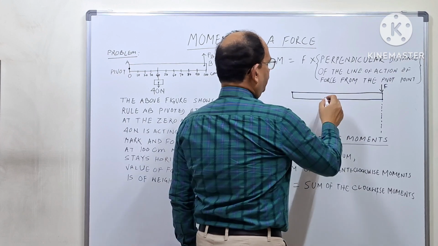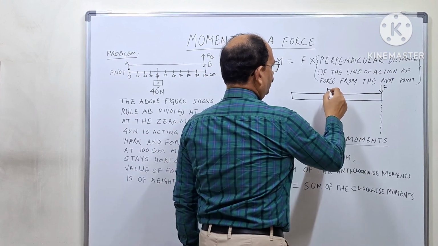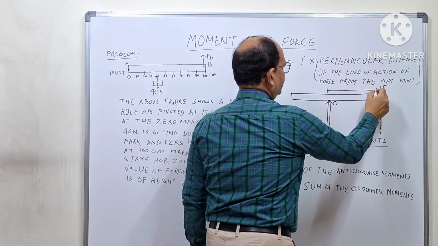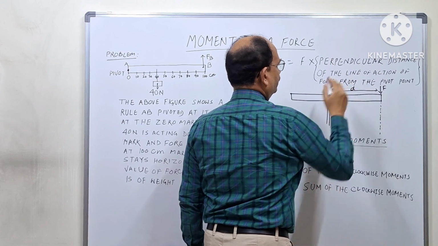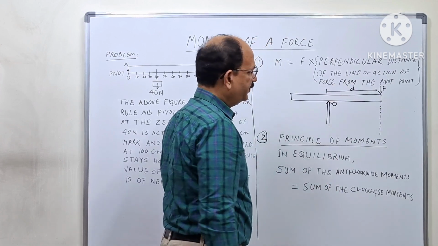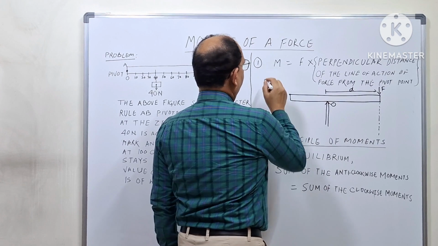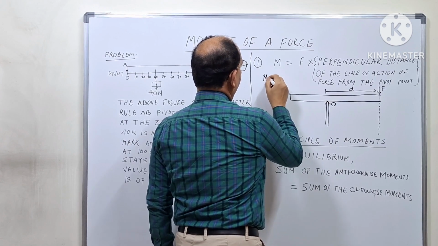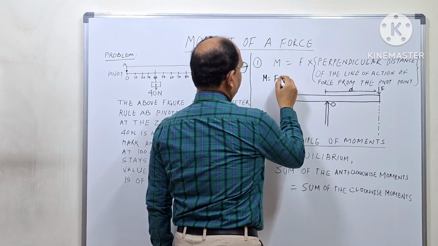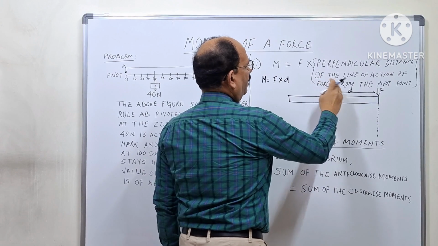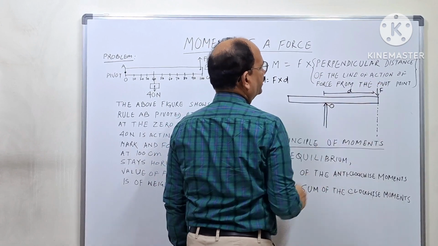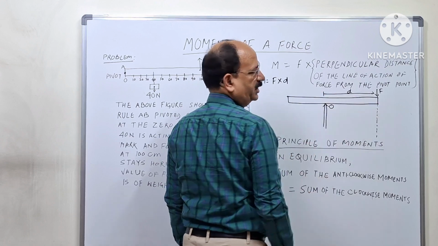Pivot point is this. So perpendicular distance of this line of force is D. So in that case, the moment of the force is force multiplied by the perpendicular distance of the line of action of force from the pivot point.